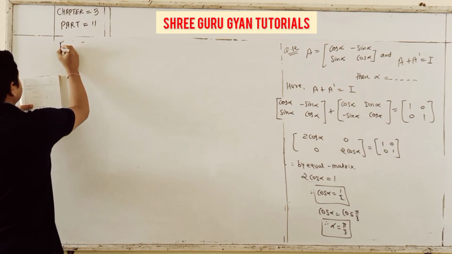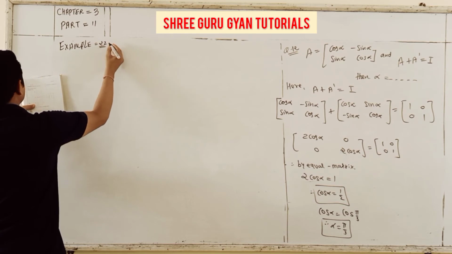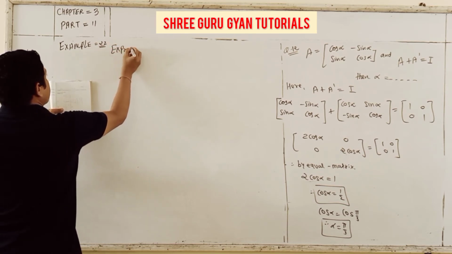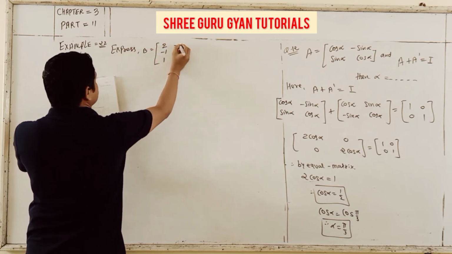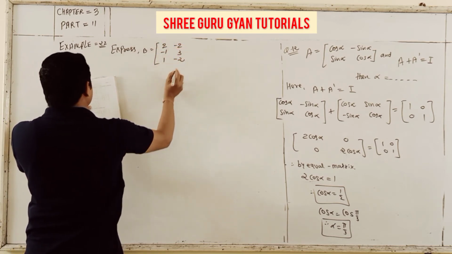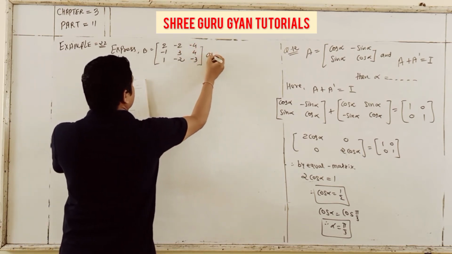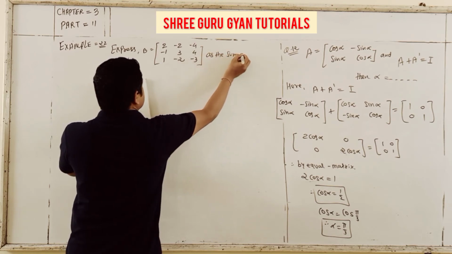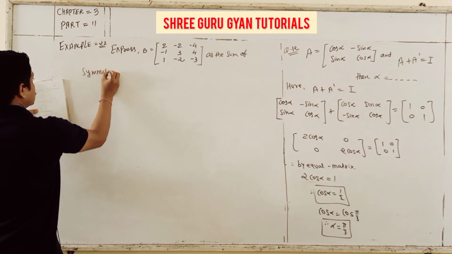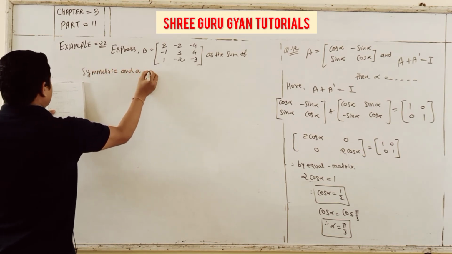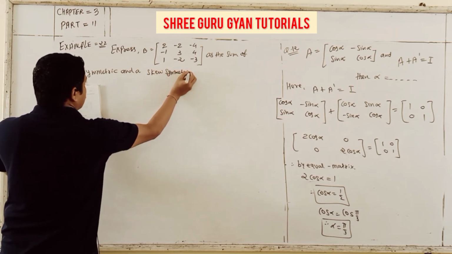Example number 22: express matrix B, 2 minus 1 1, minus 2 3 minus 2, minus 4 4 minus 3, as the sum of a symmetric and a skew symmetric matrix.